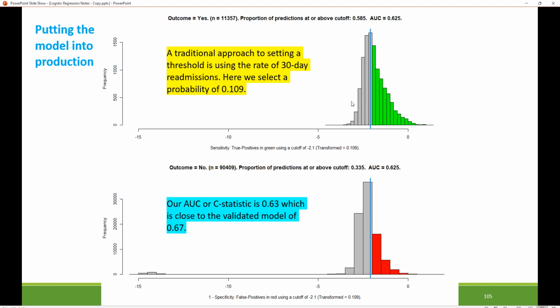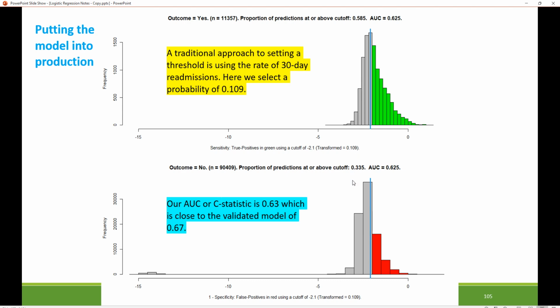And then the upper gray bars in the top graph are false negatives. We predicted that they wouldn't have a 30-day readmission, and they actually did. So we have four sets of values that we can consider when we set a threshold.